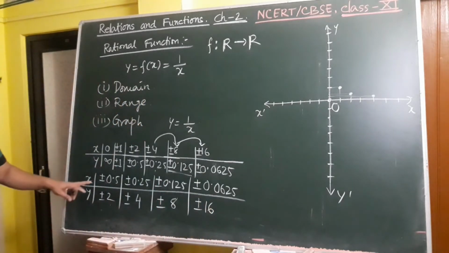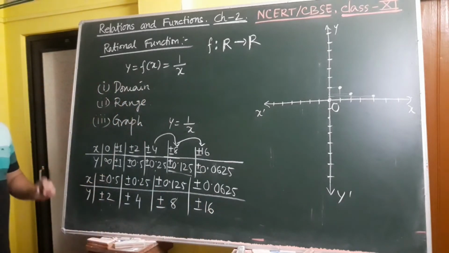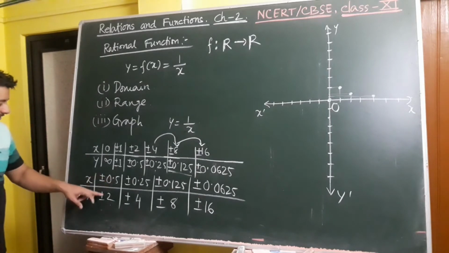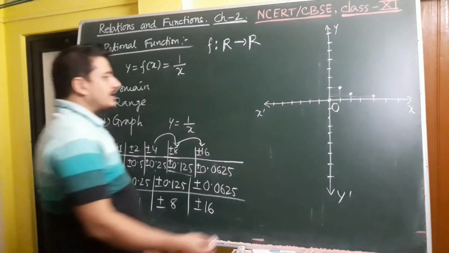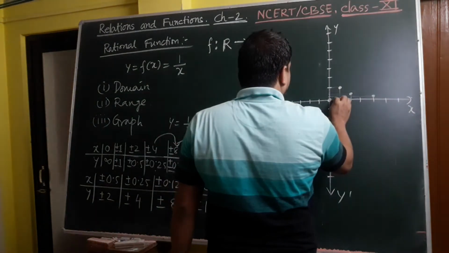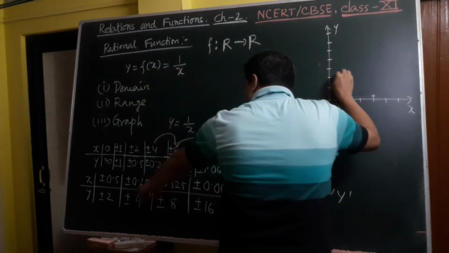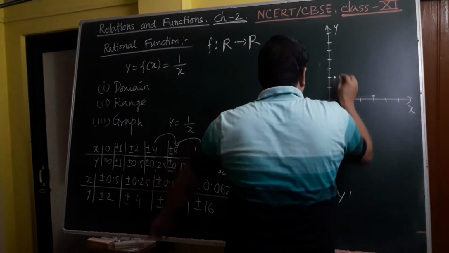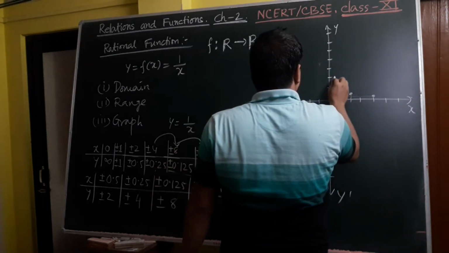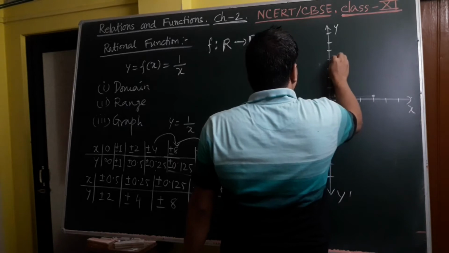So the pairs that I got are plus 0.5 and 2. So for plus 0.5 it will be 2, so somewhere here. Then for plus 0.25 it will be 4, so somewhere here.